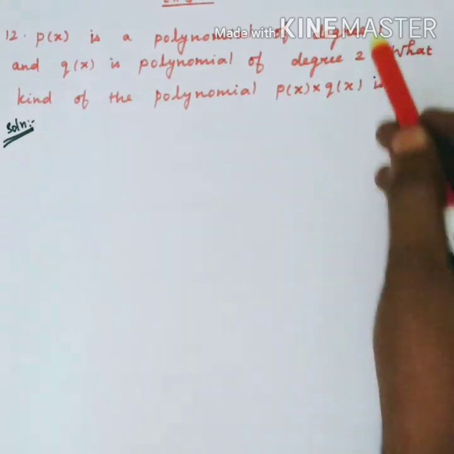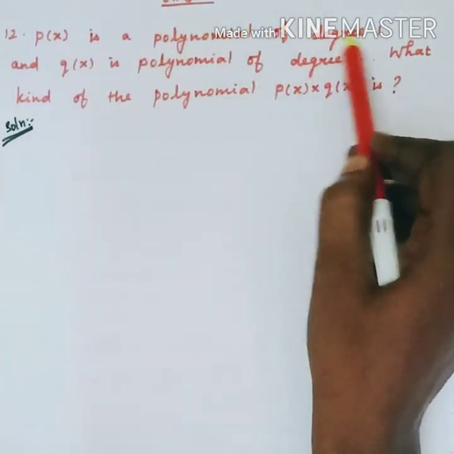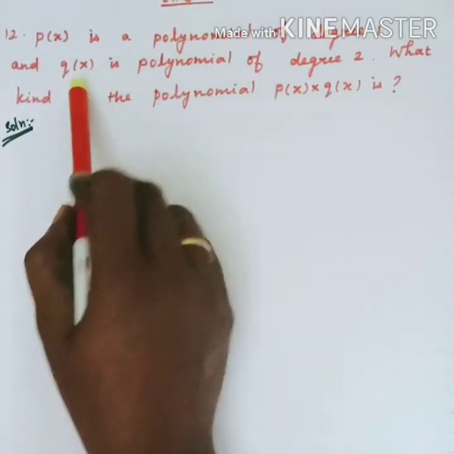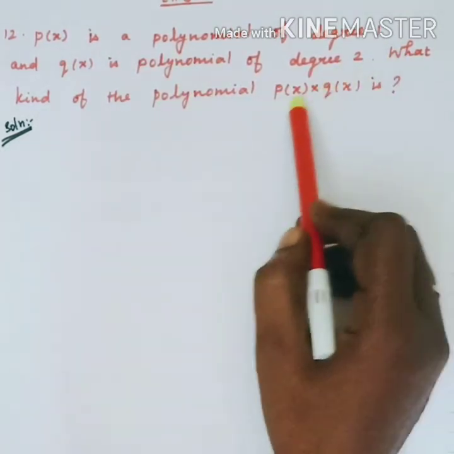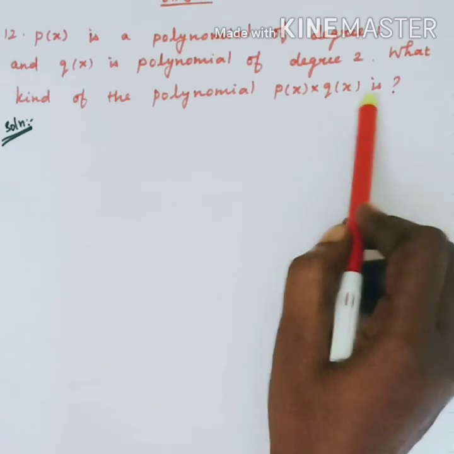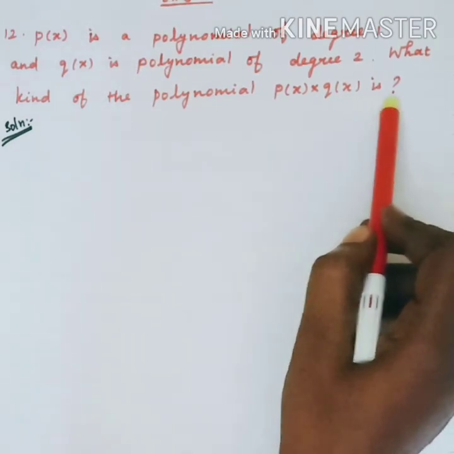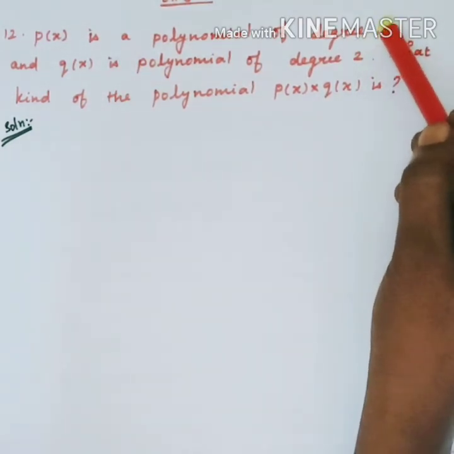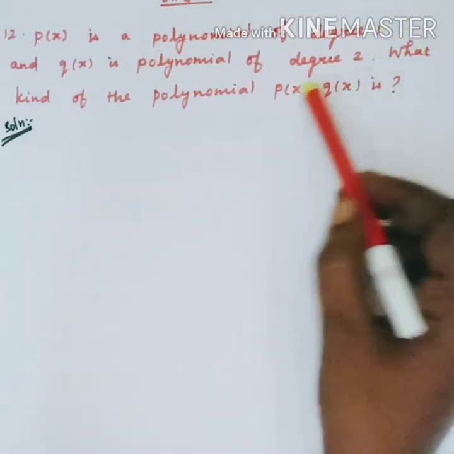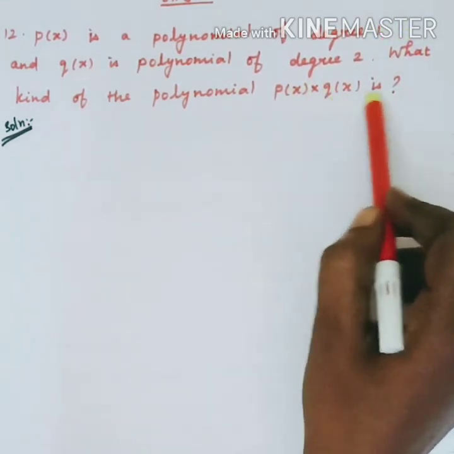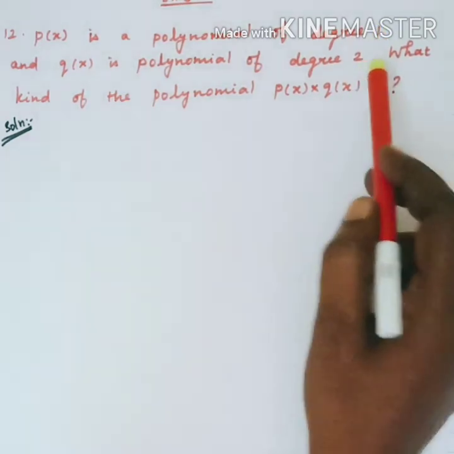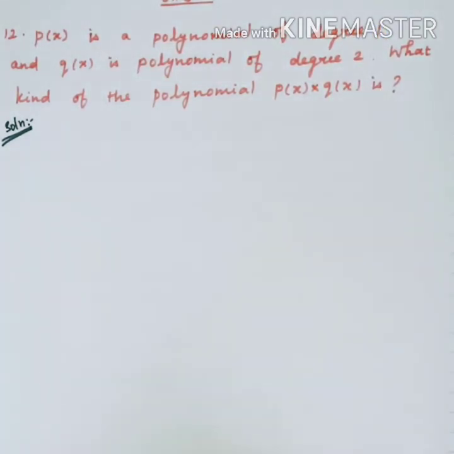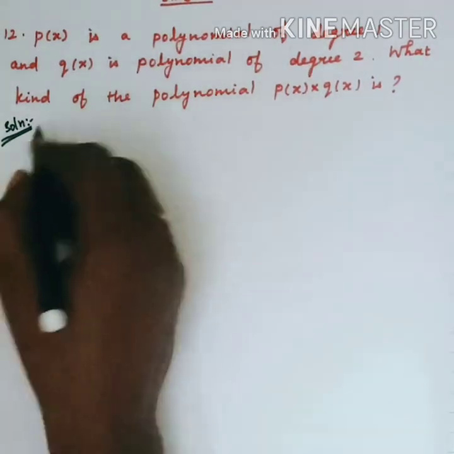Here P of x is a polynomial of degree 1 and Q of x is a polynomial of degree 2. So clearly P of x into Q of x is a polynomial of degree 3. 1 plus 2 is 3. So it is a cubic polynomial.